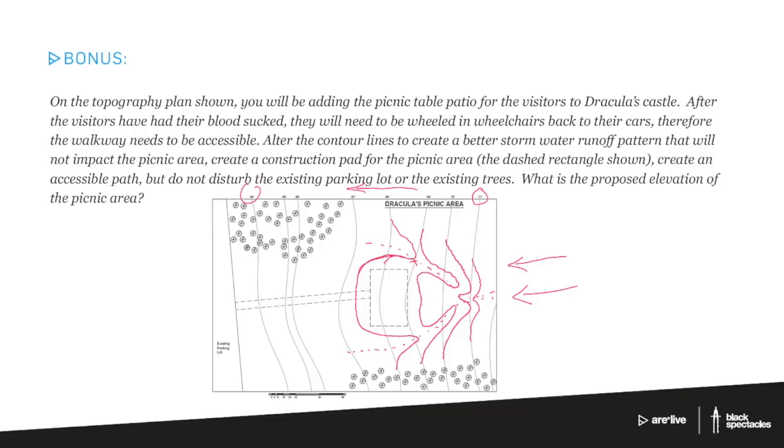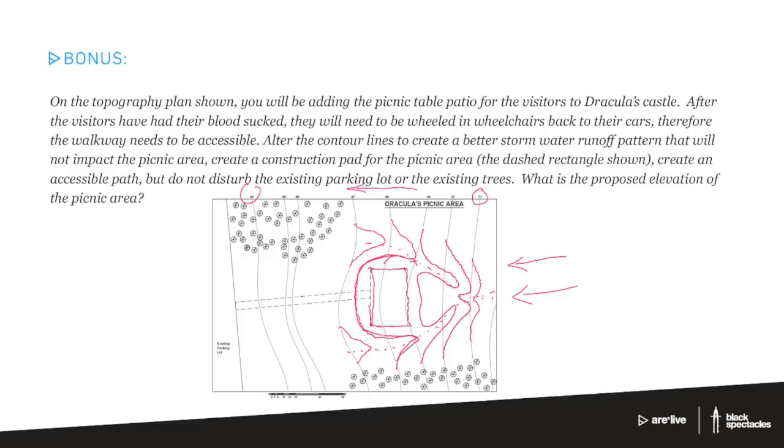This contour line there has created our zone for the construction pad. So that's all relatively flat-ish. Doesn't have to be flat, like I said. I would probably still have a little bit of contour play here in order to keep that going.